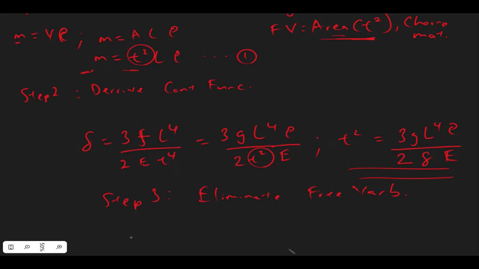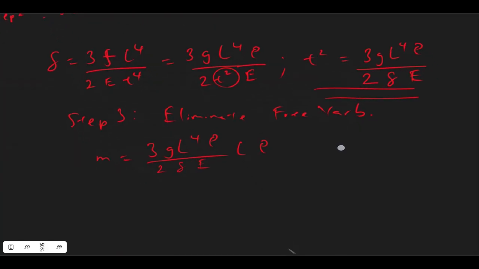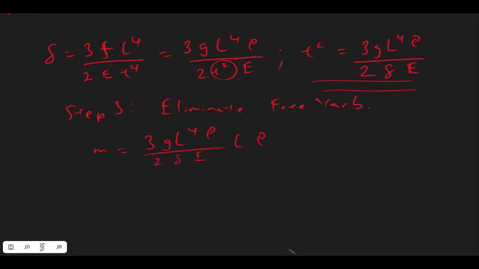So our formula for mass will now be equal to 3g L raised to power 4 times density divided by 2 times deflection times E, then times length times density again. So right now, since we have this, we can now break it down.